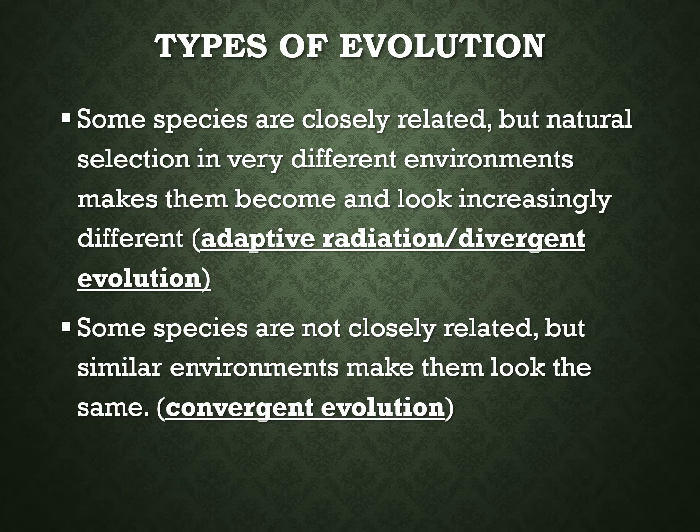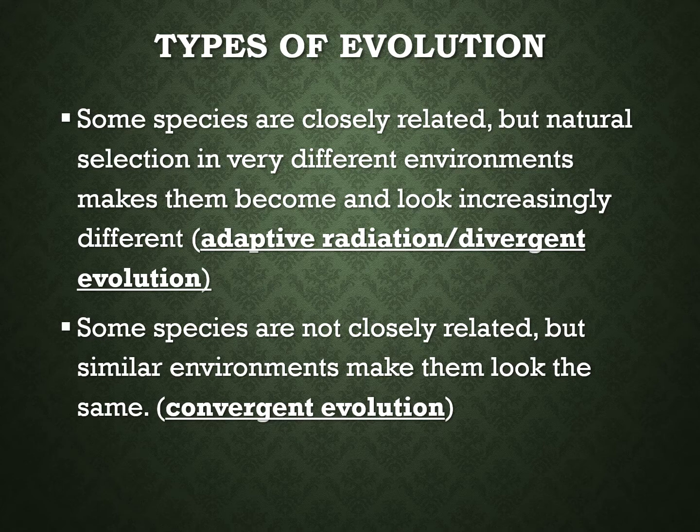If you think about the finches, there is one finch originally, one common ancestor, and then all of these different species radiate from that common ancestor that adapted for each of the slightly different environments. And it's also called divergent evolution because the species are becoming increasingly different.